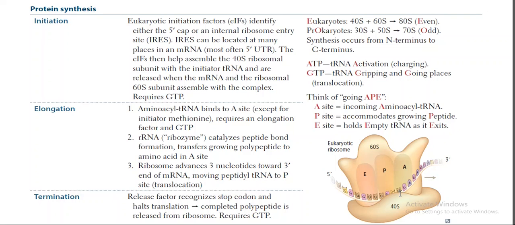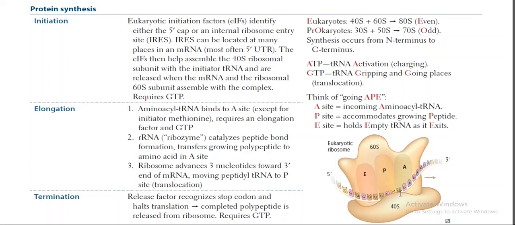Now the pre-initiation complex starts to recognize the 5' end of the mRNA and moves along the leader sequence of the mRNA at the 5' region until it finds the initiation codon AUG, and there it will stop.